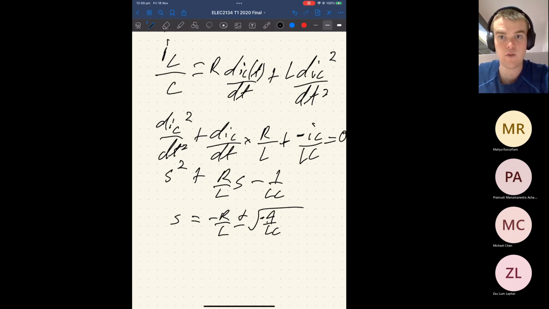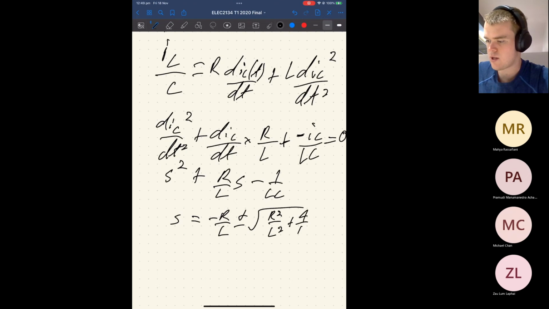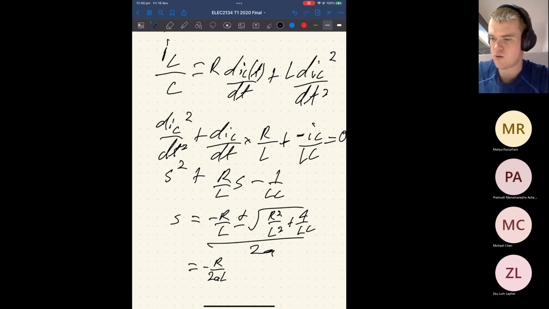Please stop me if I've made a mistake anywhere. R²/L² plus or minus 4/LC over 2a is equal to minus R/2aL, where a is 1.